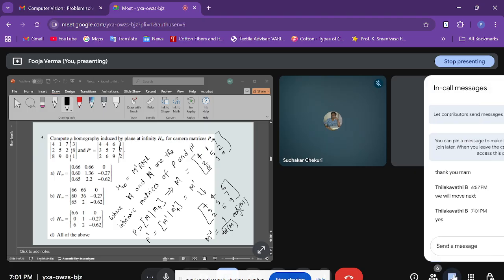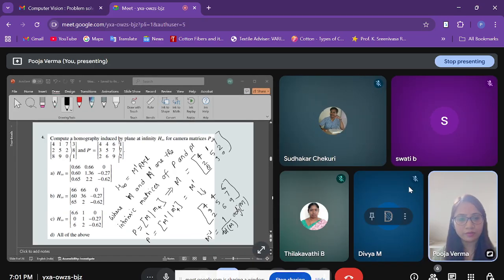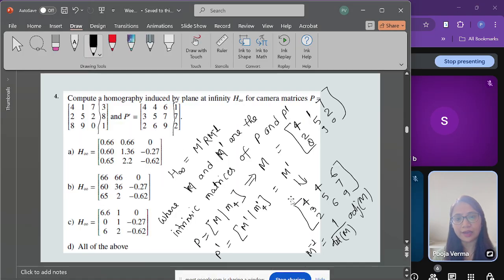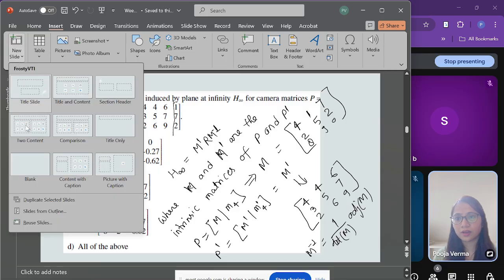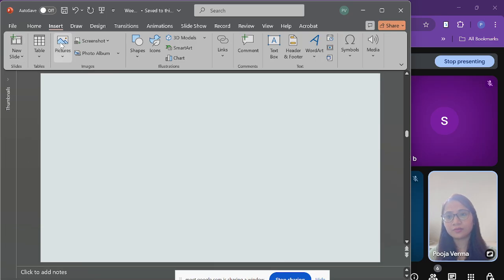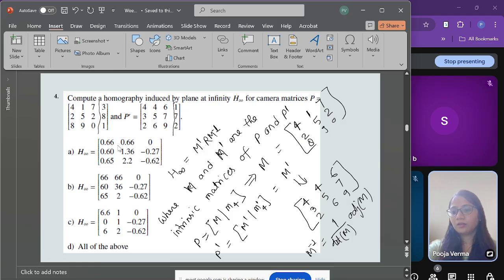I'm waiting a few seconds, then I will calculate the determinant of M and the whole M inverse matrix. I know that in this short time you can't calculate M inverse. I have already calculated it, because for that you have to calculate the cofactors and take their transpose. Then you will get the whole inverse matrix. At least the determinant we can calculate for this matrix M.